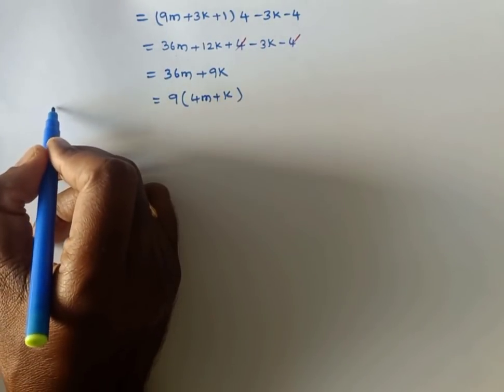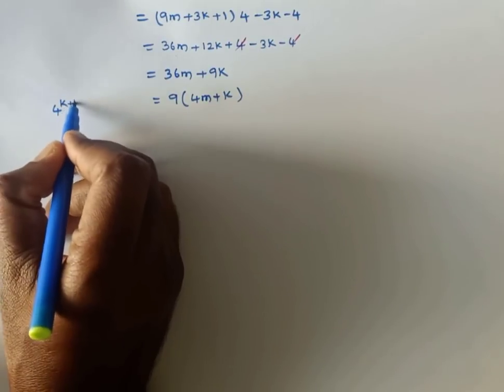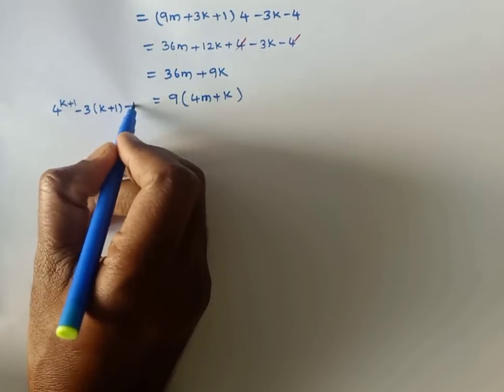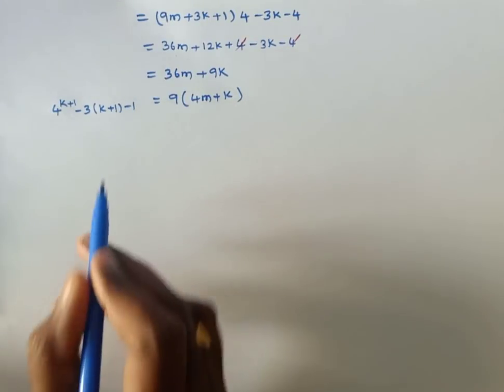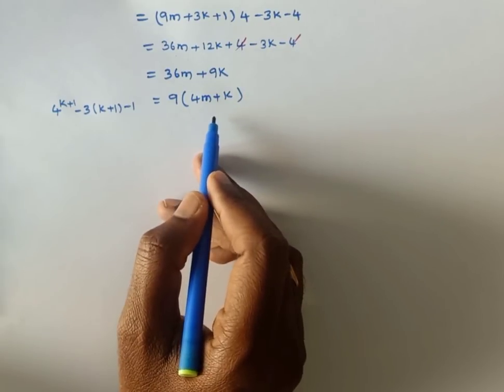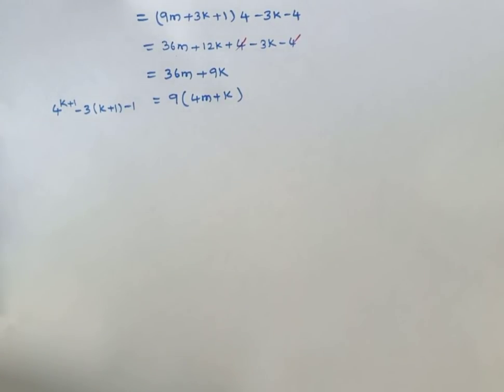So our left hand side, 4 to the power of k plus 1 minus 3 of k plus 1 minus 1, is 9 times something, which means this quantity is divisible by 9. It is a multiple of 9, so compulsorily it is divisible by 9.